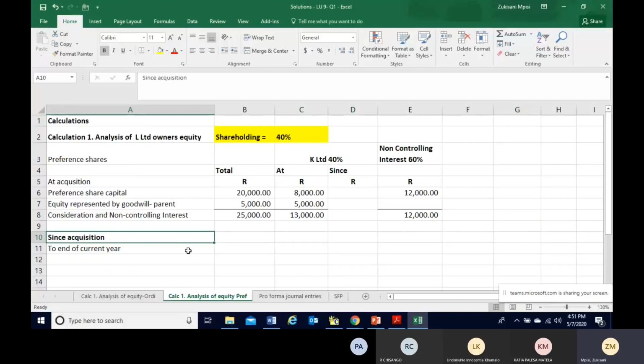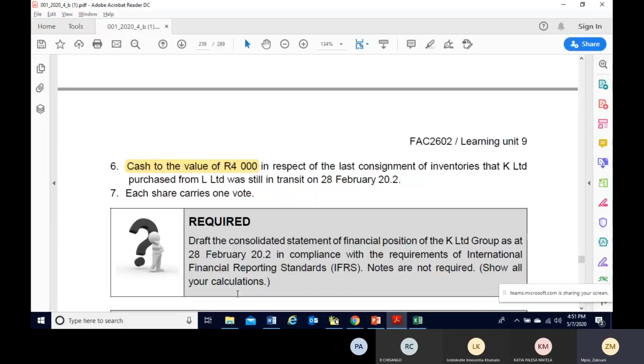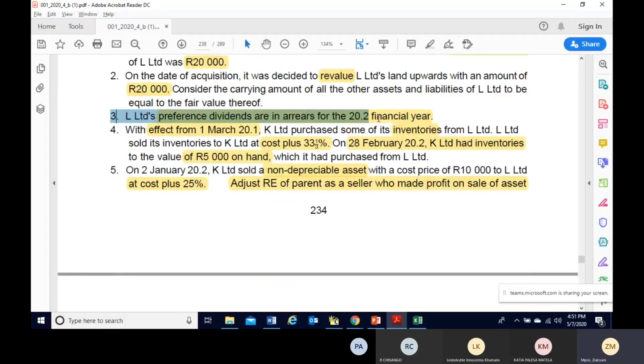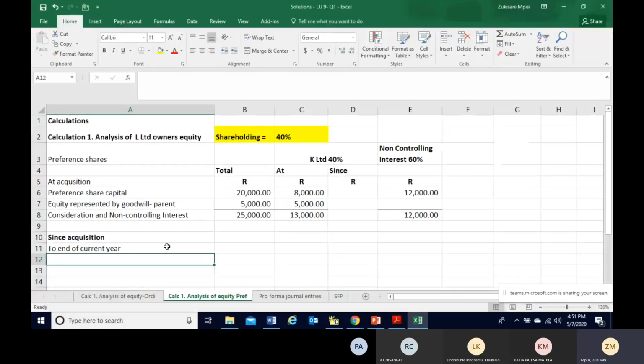So let us do the preference share one. In the preference share one, in the current year, do we have any dividends that have been paid? No. Extra information number three told us that the preference shares are in arrears, which means they have not been paid. Since the preference dividend has not been paid, we are going to add it here.